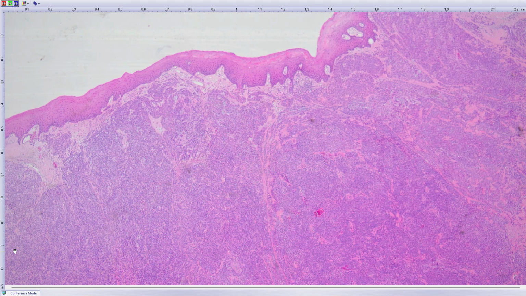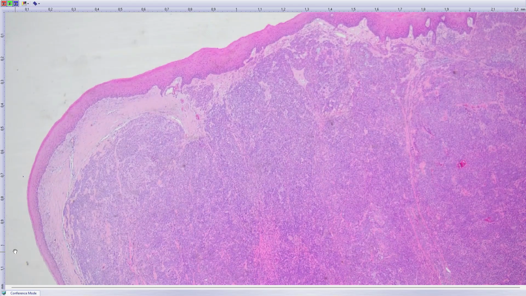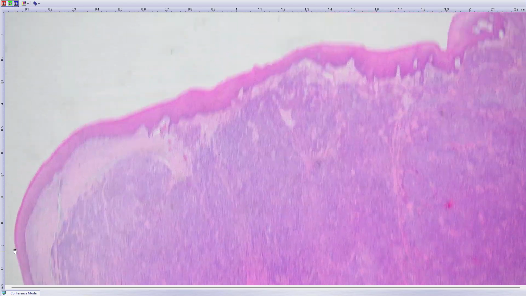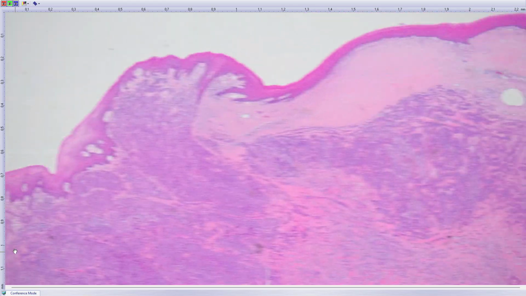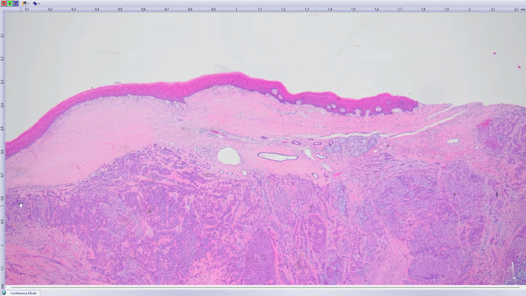You can see that the tumor is covered by completely intact squamous keratinizing epithelium of the mucosal surface. You can see here a small minor salivary gland.